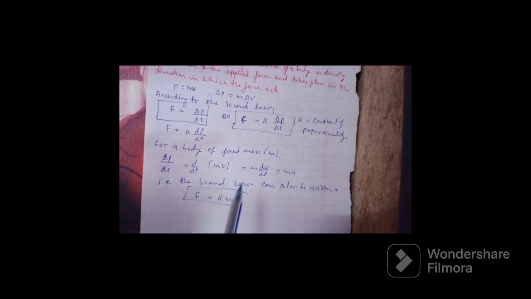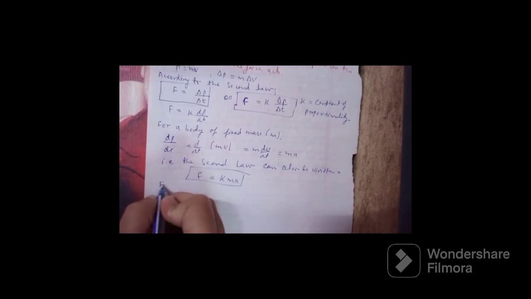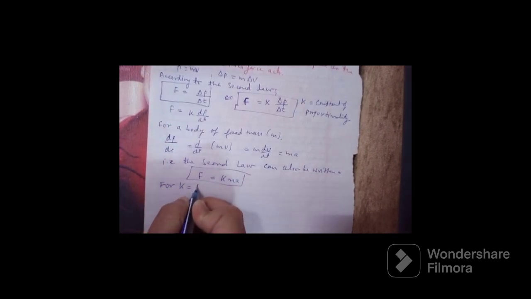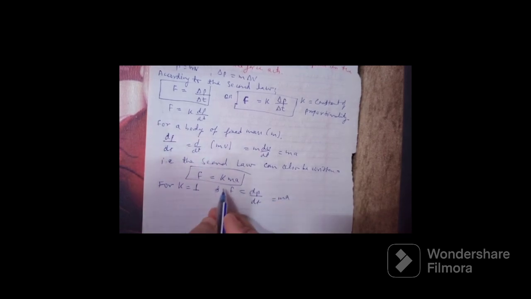Thus, the unit of force has not been defined so far. In fact, we use F equals k ma to define the unit of force. We therefore have the liberty to choose any constant value for k. For simplicity, we choose k equals 1. Then the second law is F equals dp by dt, which is equal to ma.